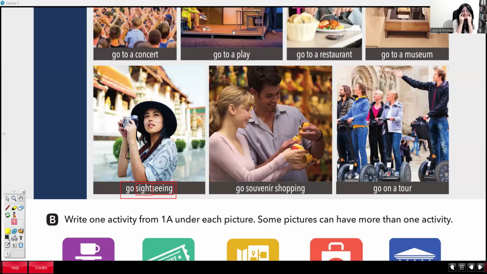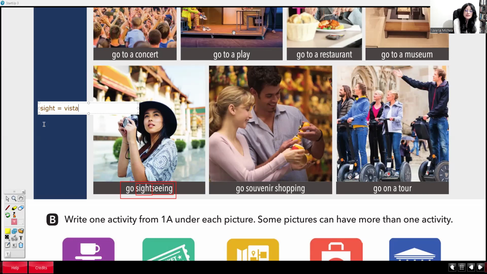Vista, there you go. This is important for the second part of the class because we're going to talk about the five senses. So sight is vista, and then seeing is the verb see. So go sightseeing is like going around and seeing things.